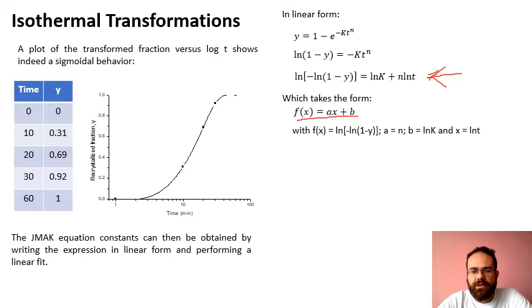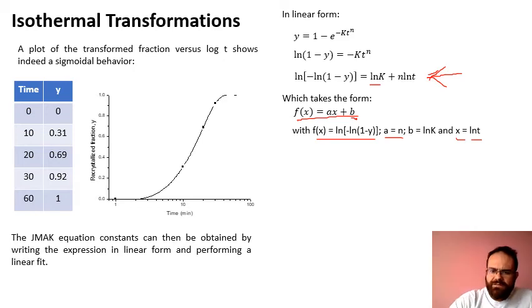If we note that f(x) is the logarithm of minus logarithm of 1 minus y, a is simply n, so the angular coefficient is n. The b is the logarithm of k, and the independent variable x is the natural logarithm of time.